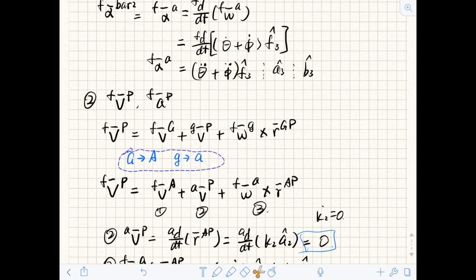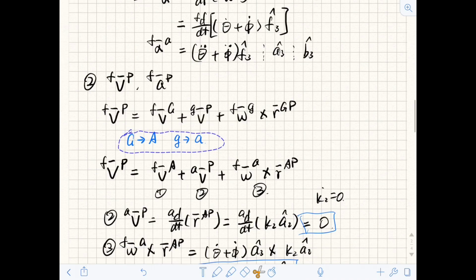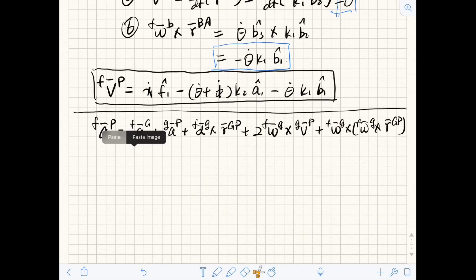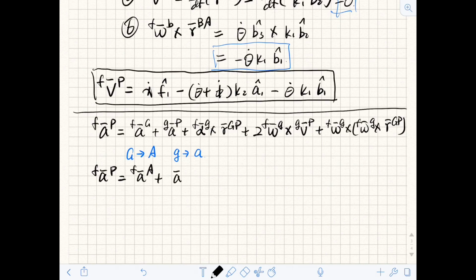We are replacing G with A. The acceleration of point P in F is equal to the acceleration of A in F plus the acceleration of P in A plus angular acceleration of A in F cross RAP, and we have the angular velocity of A in F and the velocity of P in A. Again, you have to replace all the letters.